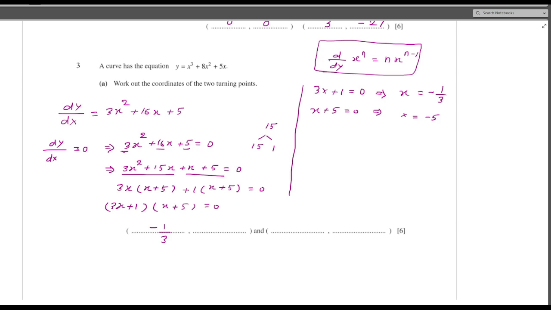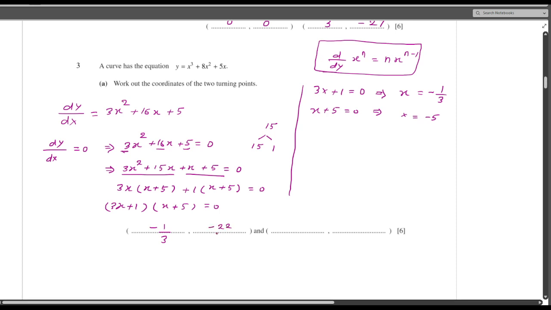So your result is minus 22 upon 27, minus 22 divided by 27.